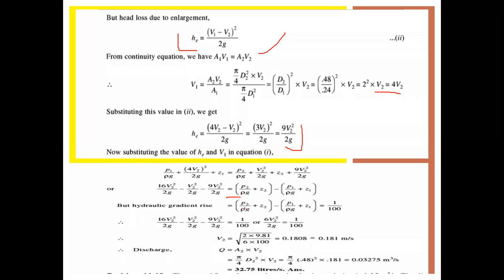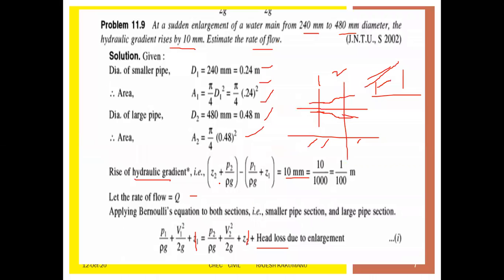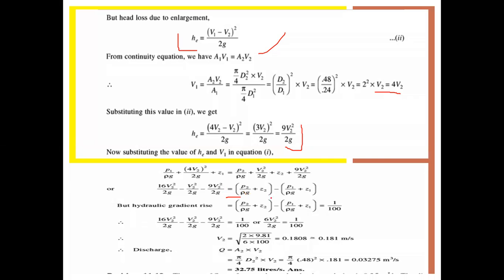Now substituting this gradient rise, so Z2 minus Z1 is equal to 1 by 100. So 6V square by 2G is equal to 1 by 100. So hydraulic gradient line is same కదా ఇది. So this one is equal to this one. Therefore ఈ వచ్చిన value ని 1 by 100 పెట్టుకున్నాం, hydraulic gradient line formula.